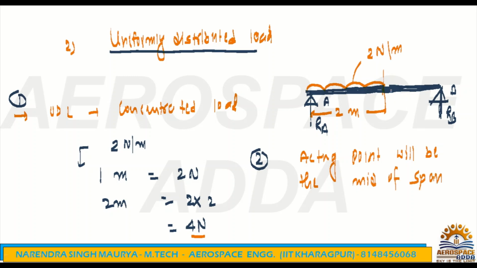If I say mid of span, it doesn't mean the complete span AB. No, this is point C. Only A to C is it spread.